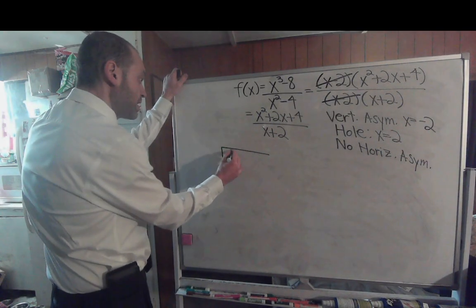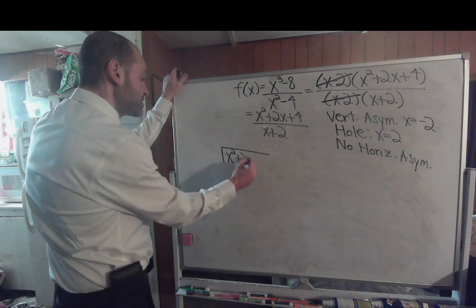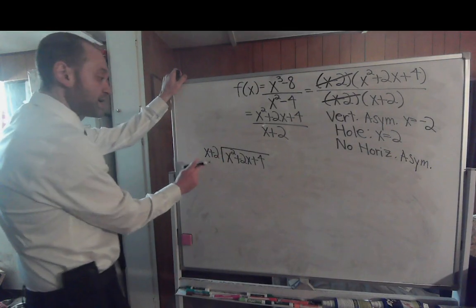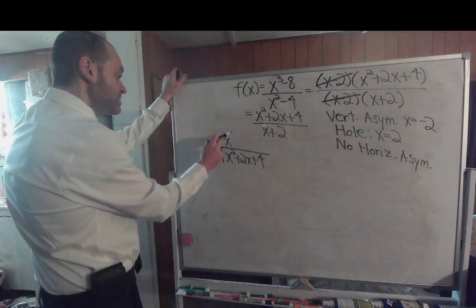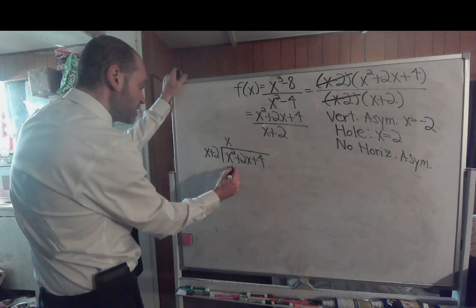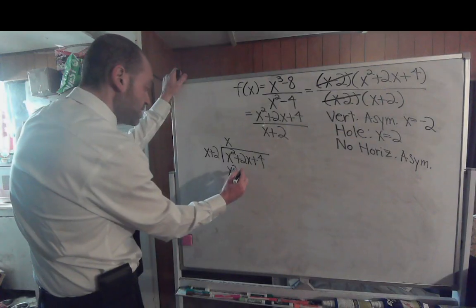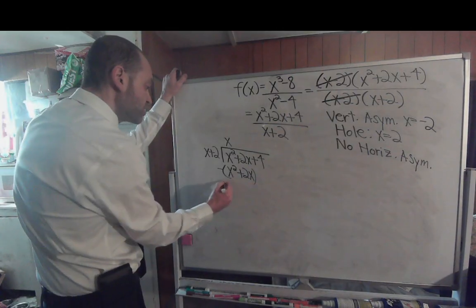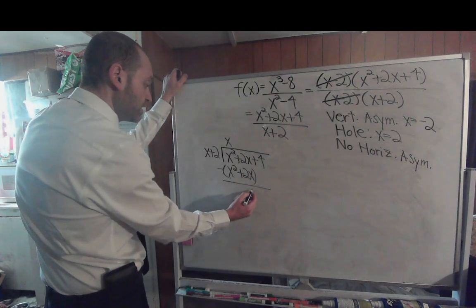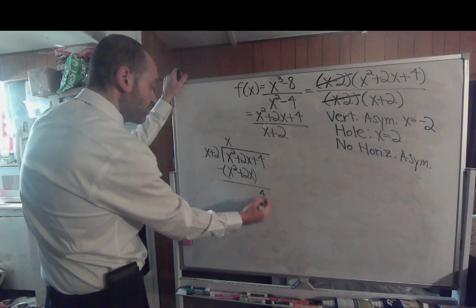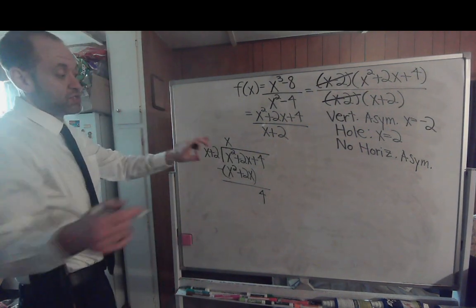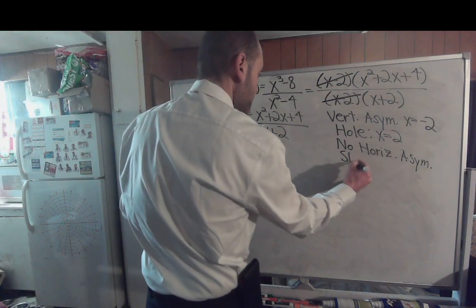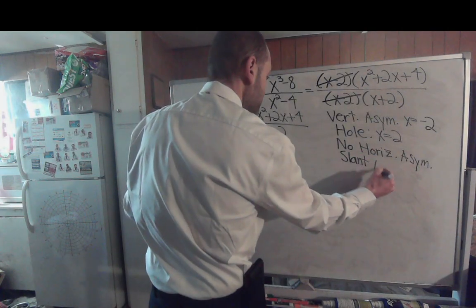Take that x squared plus 2x plus 4, divide that by x plus 2. Alright, x goes into x squared x times. x times x is x squared. Then x times 2, that is plus 2x. Do some subtraction. You would literally just get a remainder of 4. So you ignore that remainder. You have a slant asymptote in the line y equals x.